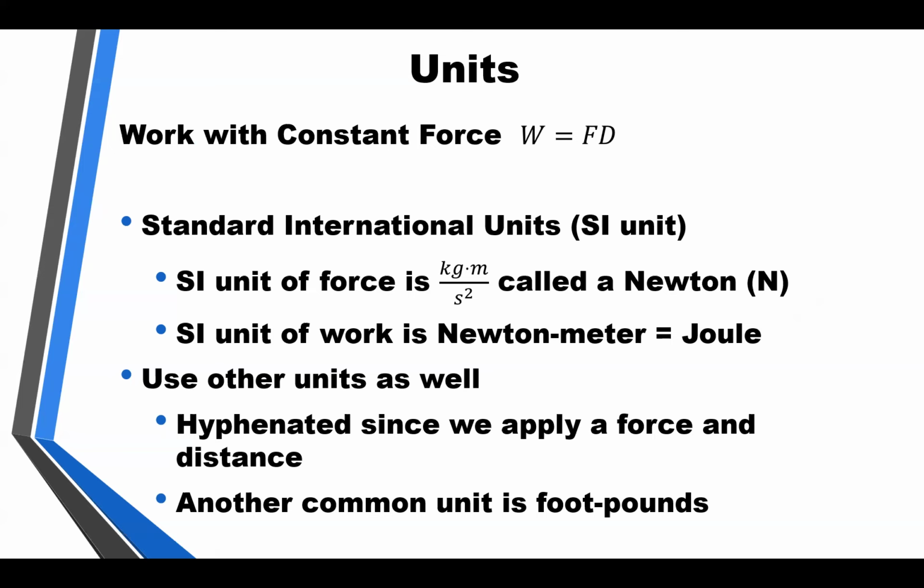So for instance, another common unit is foot-pounds. You apply a force of pounds over a certain number of feet, and that gives you foot-pounds. So our units of work are often these hyphenated: Newton meter, foot-pounds. You could do mile-pounds or mile-tons or any types of distance and force combined.